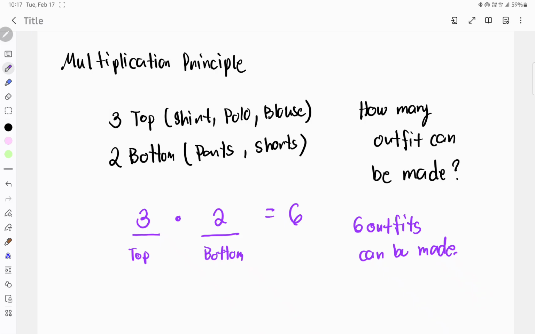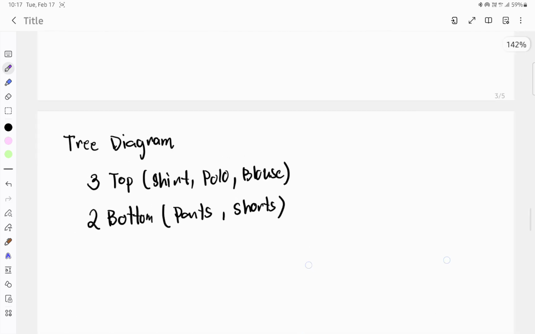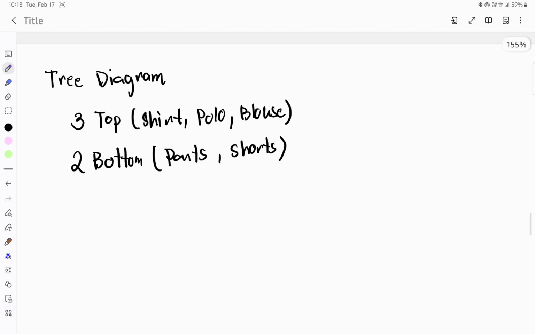Now let's look at a visual and another way to represent this, for when you're doing your presentation. We know that 3 times 2, this is your top and this is your bottom, so the answer is 6.